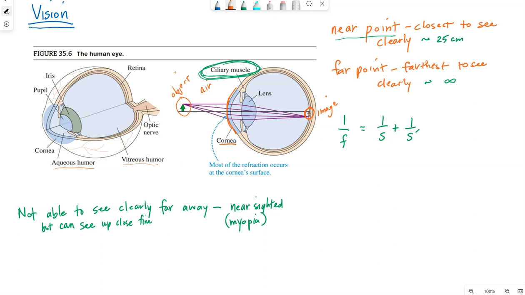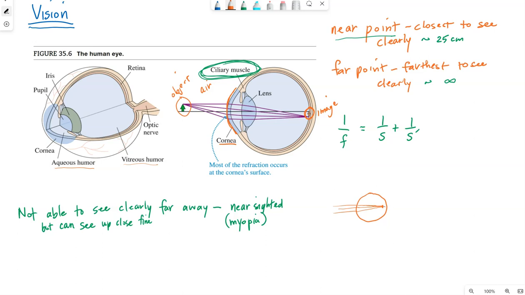If I'm nearsighted, as light comes into my eye, this light coming in focuses too soon. Now, this is highly exaggerated, but as the light comes in, it ends up creating an image that is in front of the screen.